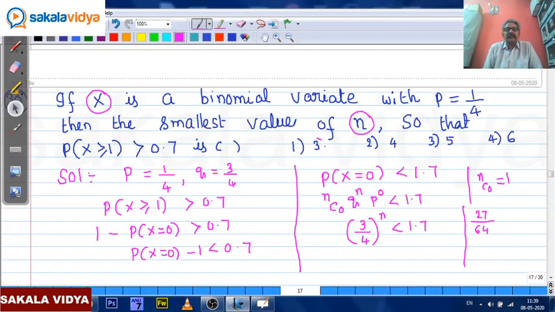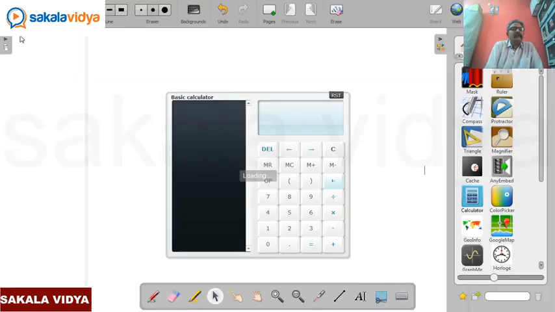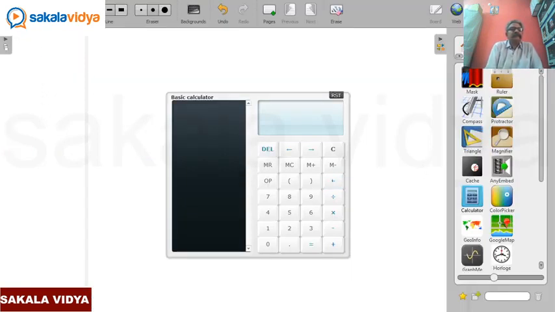Next, it is not correct, go for 4: (3 by 4) whole to the power of 4, 81 by 64.